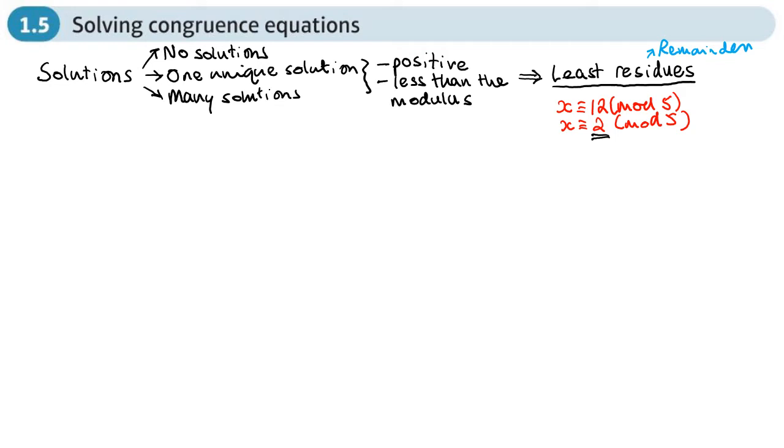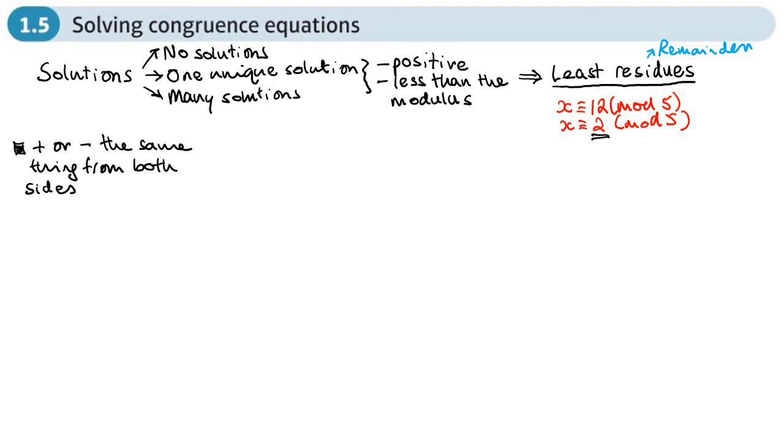The next thing with modulus equations is that we can add or subtract the same thing from both sides without doing any further work, just like you would in a normal equation.